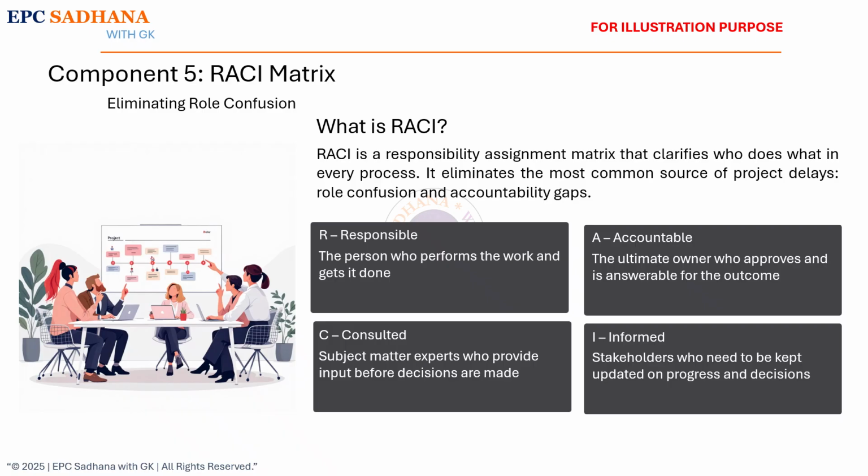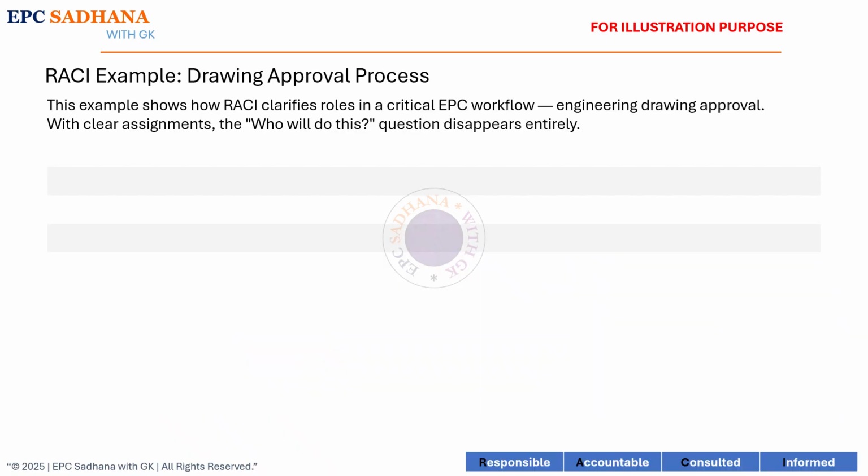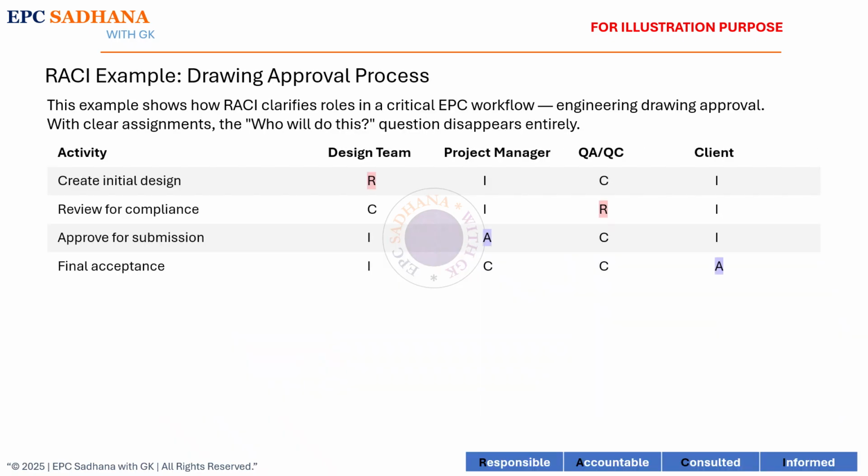When RASI is missing, people do not fail intentionally, but the system sets them up to fail. One simple chart similar to this can eliminate 80% of coordination confusion and dramatically accelerate the drawing approval cycle.